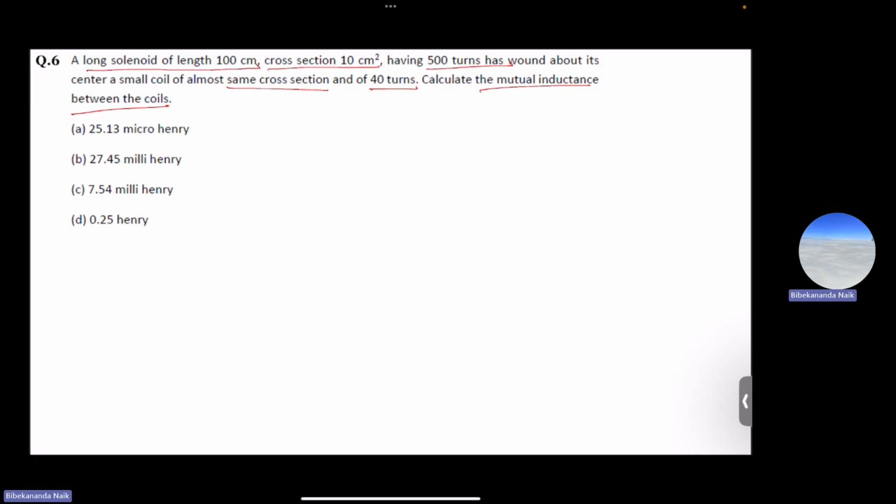So the formula for mutual inductance is given by M equals mu 0 NP NS and A. Both have the same area. Here NP is the number of turns per unit length, that is 500 for primary, and NS is the total number of turns in the secondary coil, which is 40, and the area of cross section is 10 centimeter square.